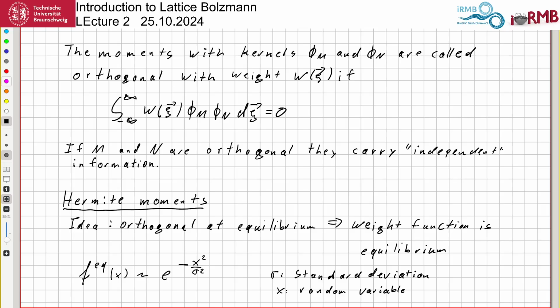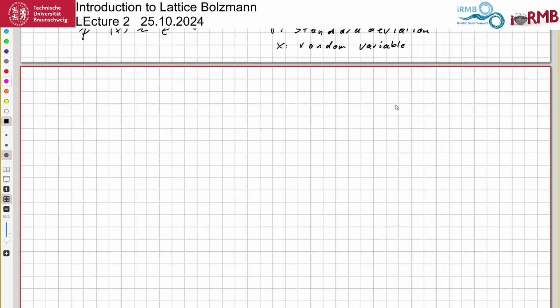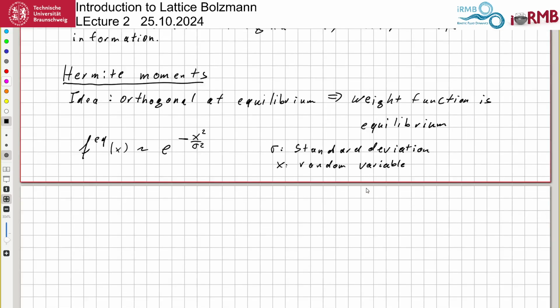So now the kernels for these moments, phi n of x divided by sigma. So we normalize x by x divided by sigma, and this can be computed.